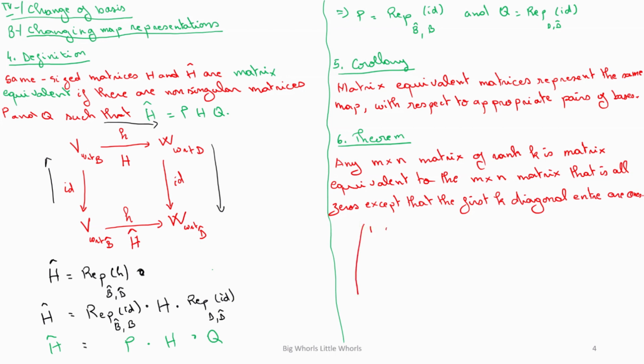Let's say we have 1 0 0, 0 1 0, dot dot dot, and zeros continuing.